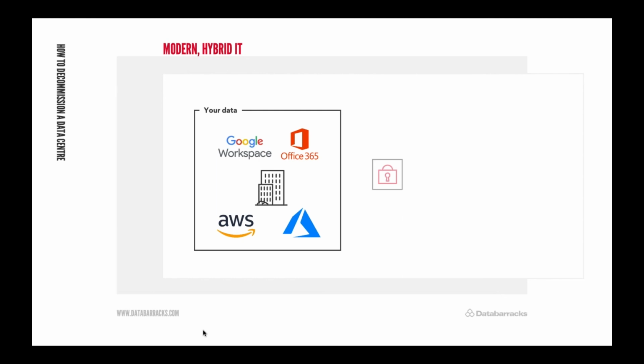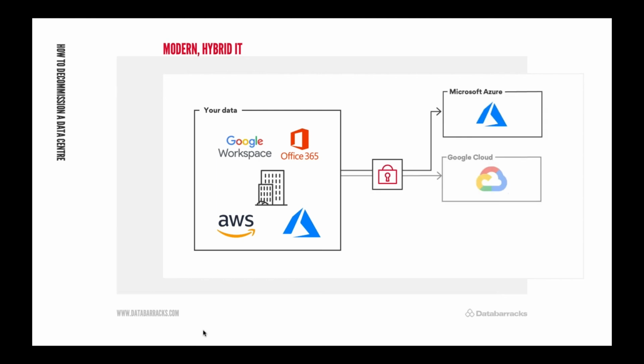Now, that's really good in a number of ways because you're spreading your risk. It's far less likely that you're going to have an outage that affects everything. But it has a knock-on effect on your decisions for resilience, where you want to have your replicas and your redundancy. It's much easier to set up DR and resilience within the same cloud.